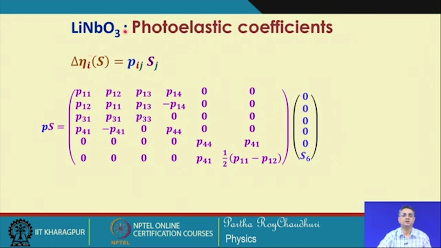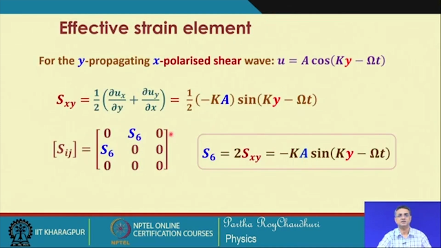Therefore, for this lithium niobate crystal, the strain optic tensor, these photoelastic coefficients, will appear in this form, and the change in the impermeability, this tensor P into S, we have seen, will have this form. Here S 6 is this quantity, the shear strain, that is non-vanishing.